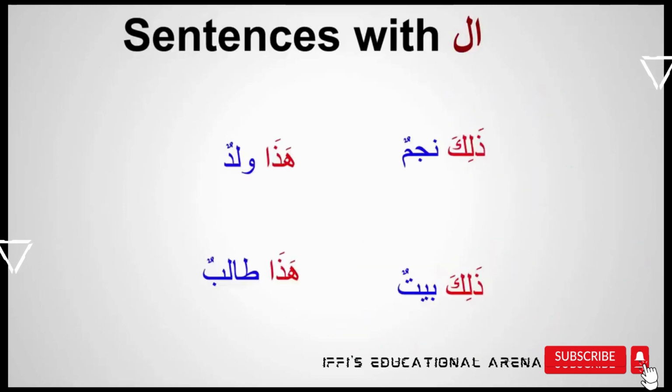And even when the mubtada is a pronoun, so we have learned so far 2 demonstrative pronouns, dhalika and hadha, and the khabar which comes after that, if you see here, it is double dhamma. So this is what we are going to learn. Dhalika najmun, hadha waladun. So khabar is also marfu when it is a single word.